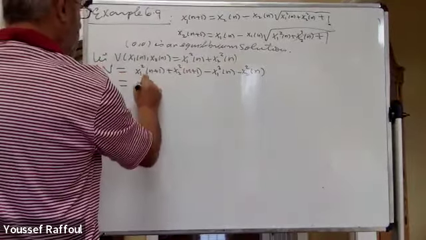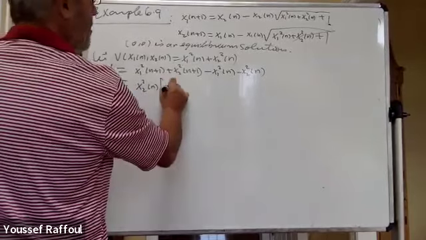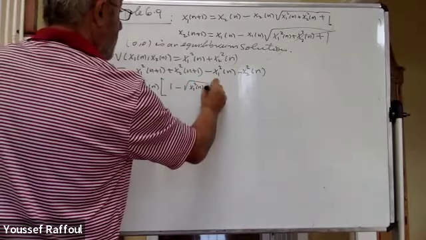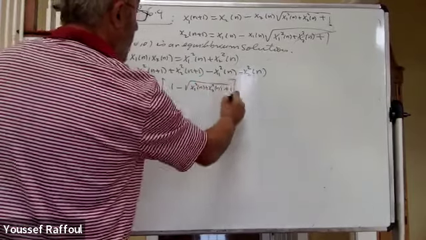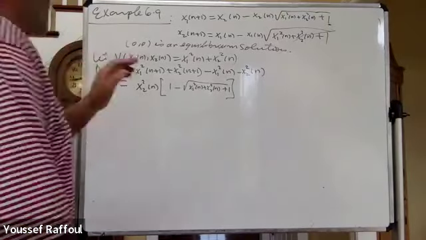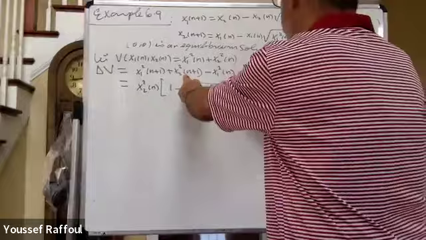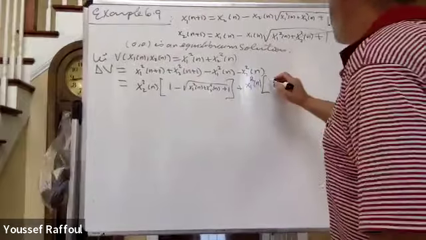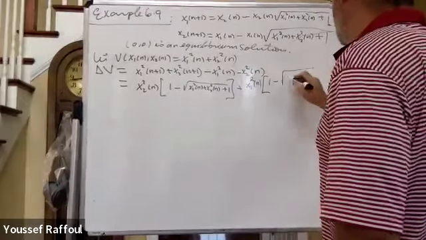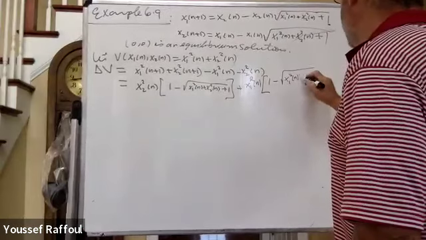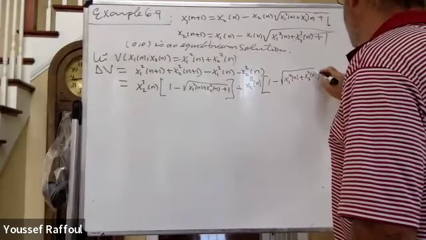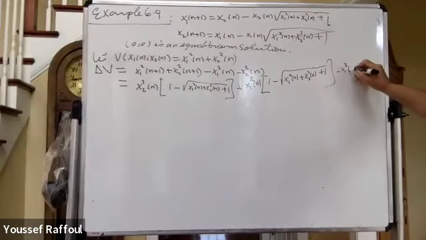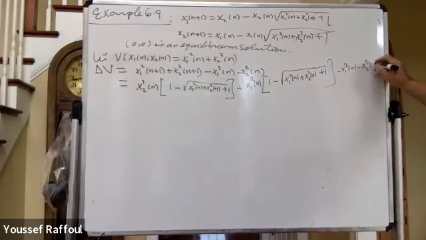I'm going to take x2 squared of n, and I'm going to have 1 minus x1 squared of n plus x2 squared of n plus 1. The same thing here, I'm going to have plus x1 squared of n times 1 minus the square root of x1 squared of n plus x2 squared of n plus 1, minus x1 squared of n minus x2 squared of n.